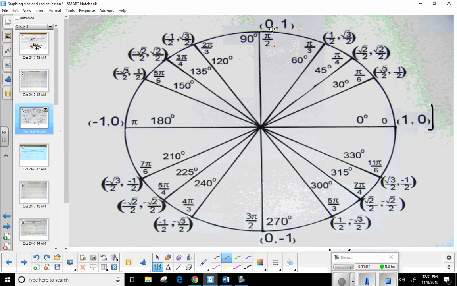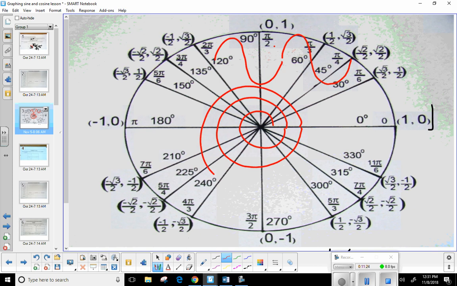If I go once around the unit circle, then that is 1 period for sine. But if I go around again, those y values repeat, so I'm just going to get the exact same curve. And if I go around a third time, there you go. So I can rotate as many times as I want, and that graph is just going to keep going.